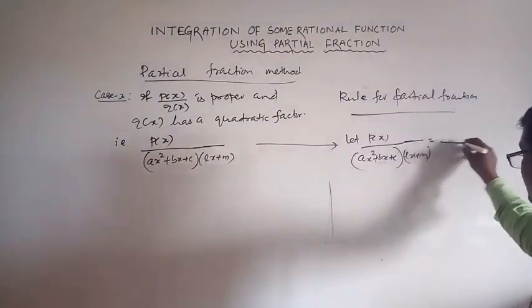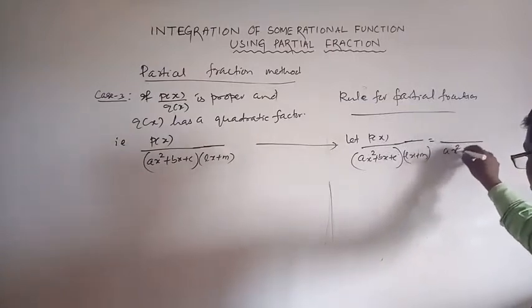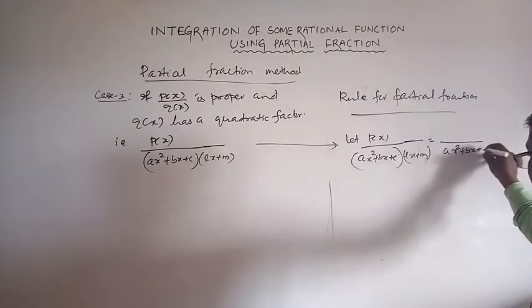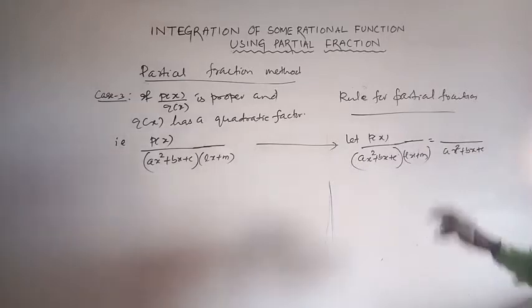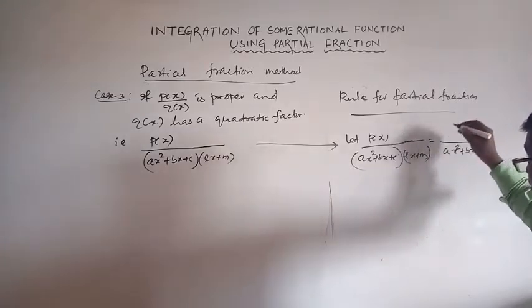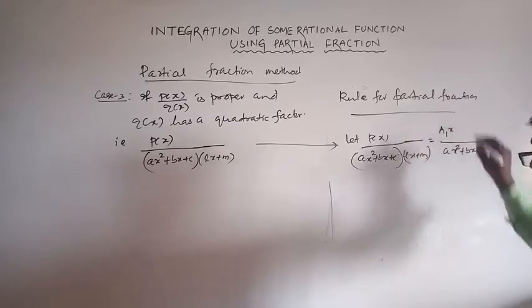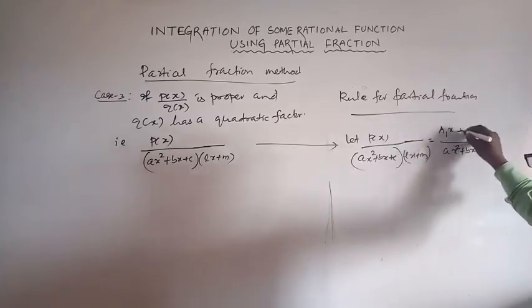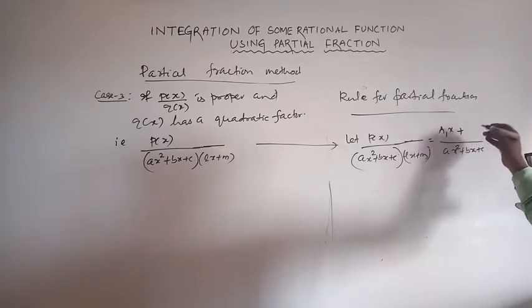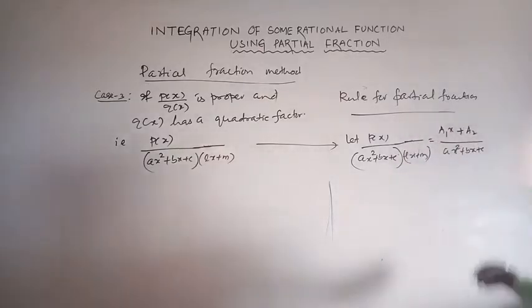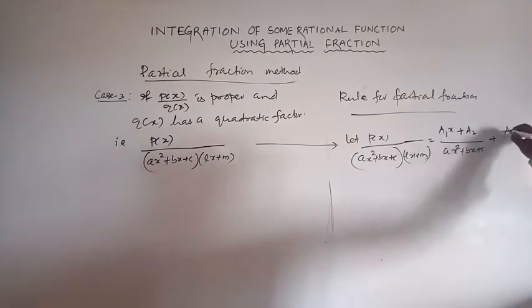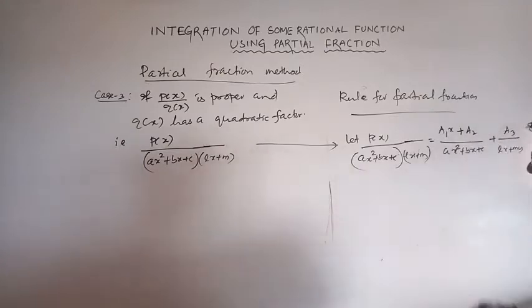If you write the quadratic form first, then the numerator is, mind it, some constant A1 into x plus another constant, suppose A2. Clear? Plus A3 divided by (lx plus m).